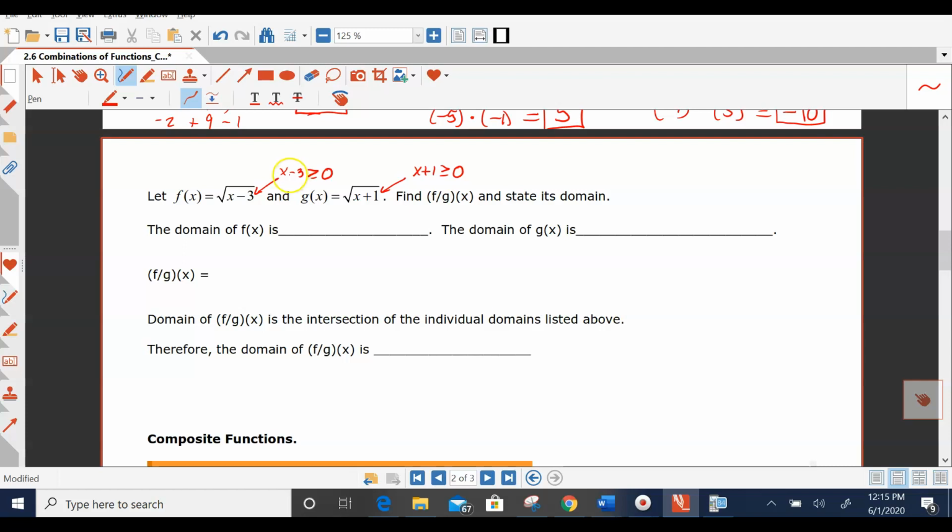So if I set x minus 3 greater than or equal to 0 and solve that for x, I get x greater than or equal to 3. And if I solve x plus 1 greater than or equal to 0 for x, I get x is greater than or equal to negative 1. So there's the domain of those guys individually.